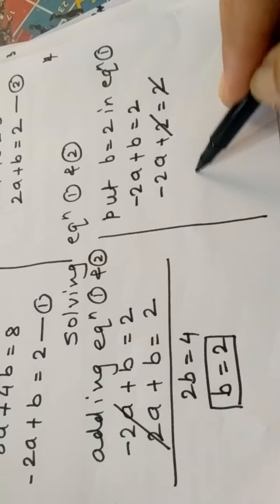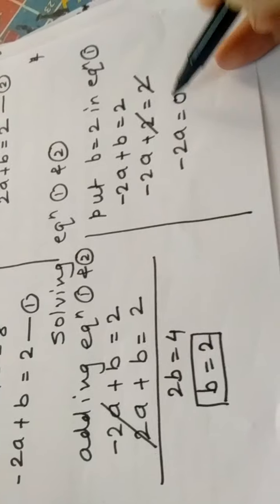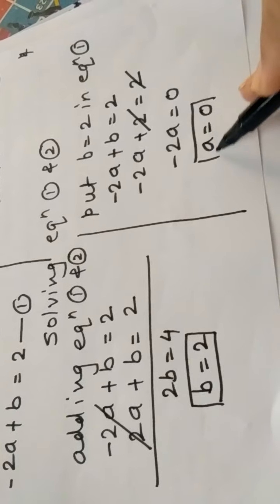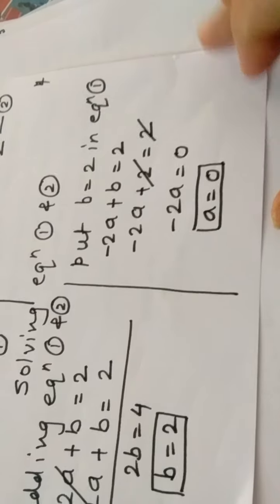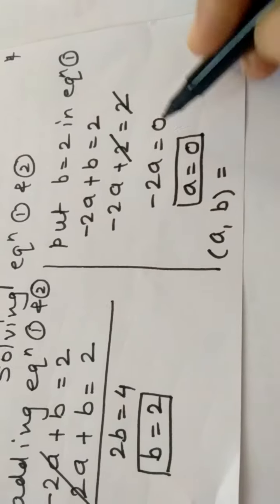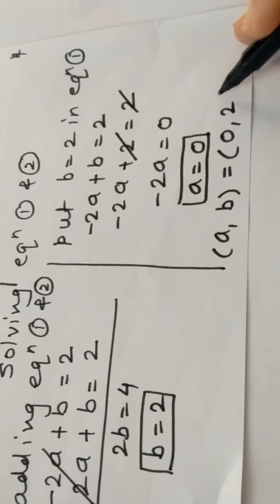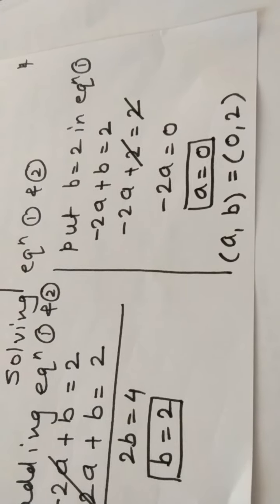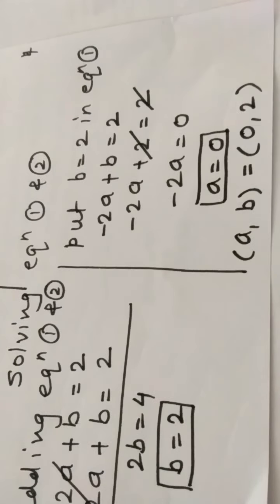The 2s cancel. Minus 2a is equal to 0, that is a is equal to 0. Therefore the value of a is equal to 0. Hence we have the values of a and b as 0 and 2. In this way we got the values of a and b. Today we will stop here.